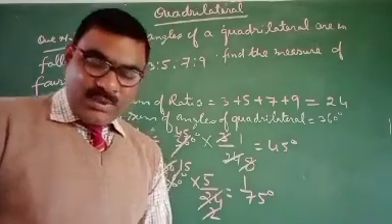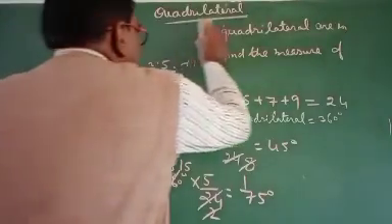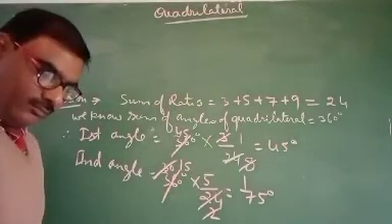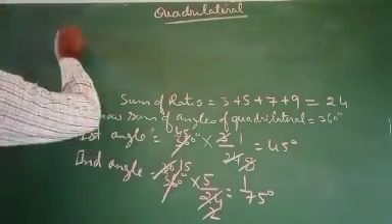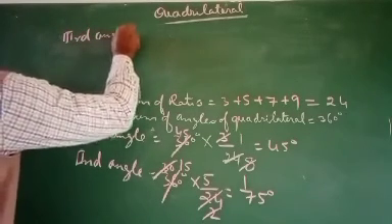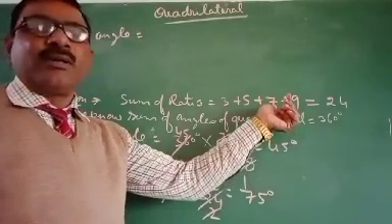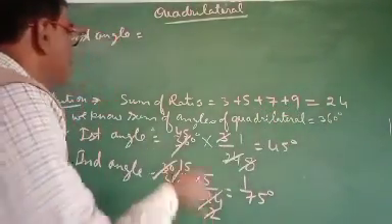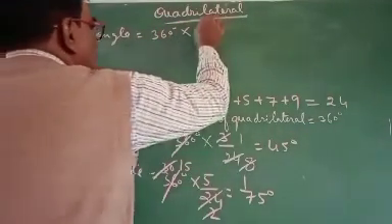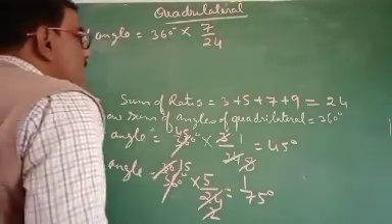Now I will find the third angle. The ratio of the third angle is 7 and the total is 24, therefore 360 degree multiplied by 7 by 24.